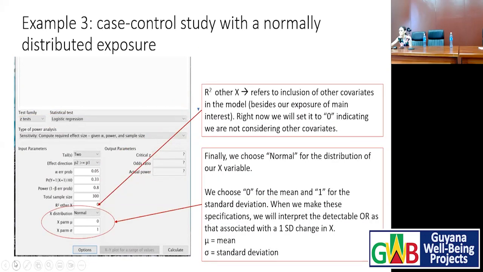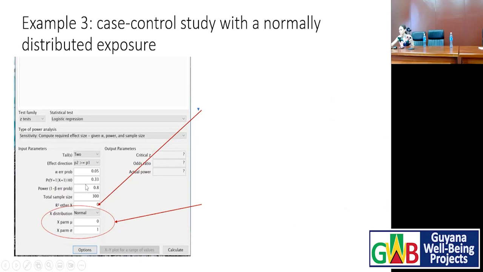Sorry, this is a question. This is only case 1, right? And why are we using prevalence? Well, it's the prevalence in our sample.